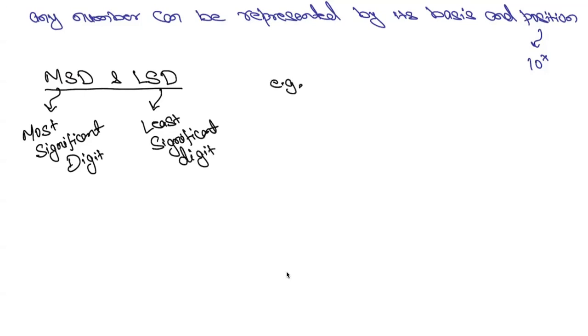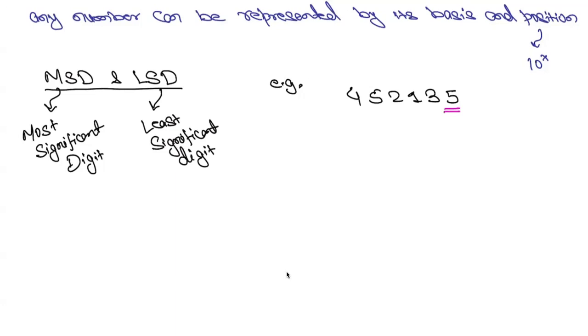For example, if you're writing 4, 5, 2, 1, 3, 5, which is more significant here? Five. 5 is what? More significant, less significant? Most significant. Most significant is 5.